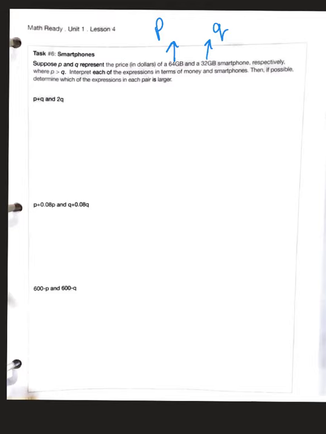Interpret each of these expressions in terms of money and smartphones. Then, if possible, determine which of the expressions in each pair is larger. Okay, well, first let's interpret each of the expressions.